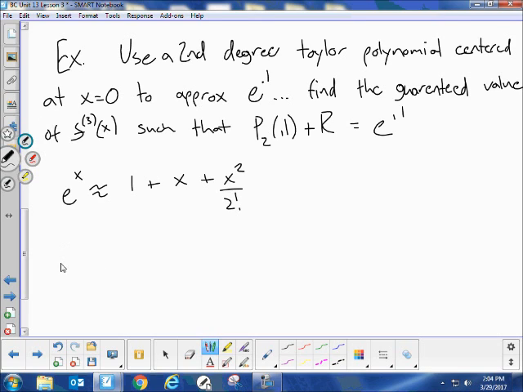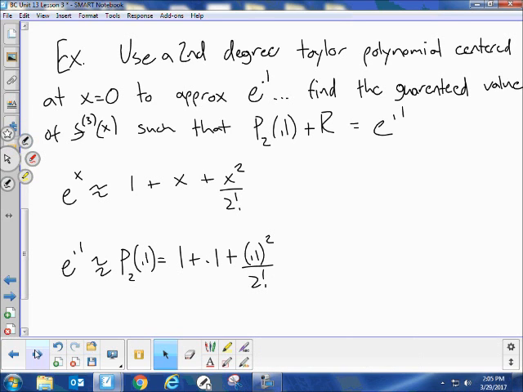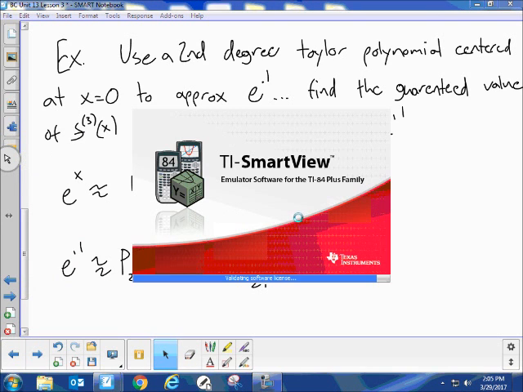So we know e to the 0.1 will be approximately, and we'll list this as p sub 2 of 0.1, 1 plus 0.1 plus 0.1 squared over 2 factorial. Okay? And we can go and show that approximation and what e to the 0.1 is using a calculator.